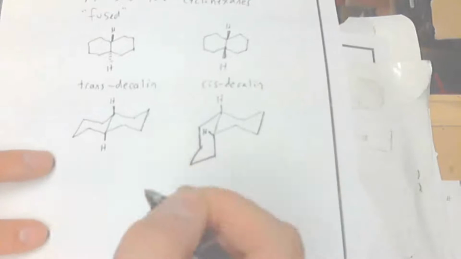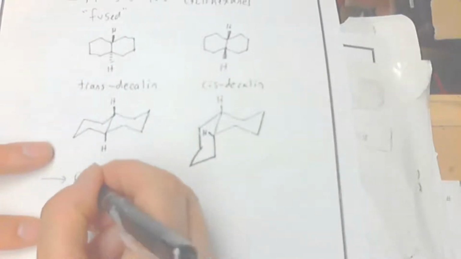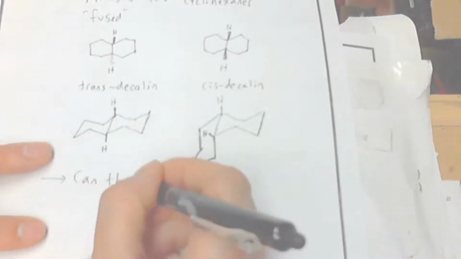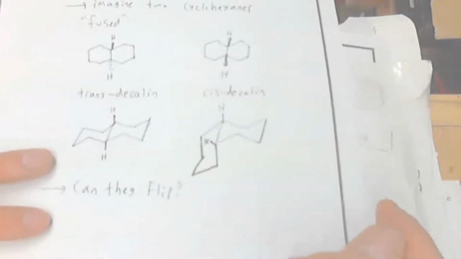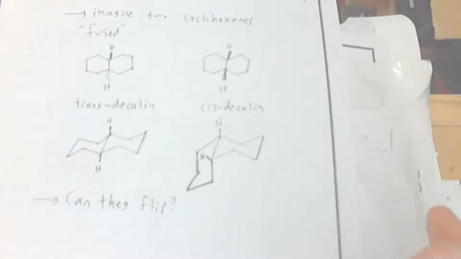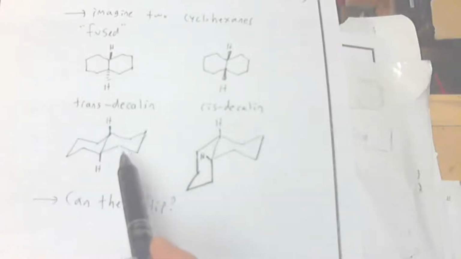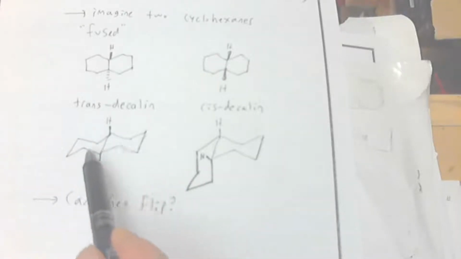Here's a question. Can they flip the way that cyclohexane can flip? Any guesses? Yes or no? The fused ring systems cannot flip because they're locked.